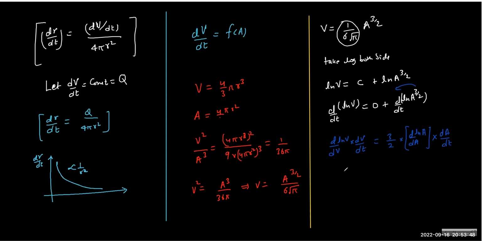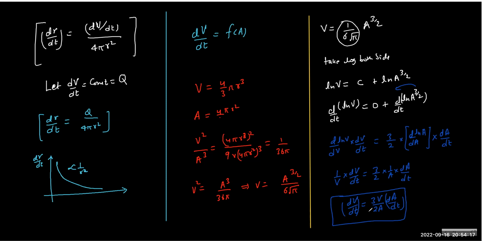And d by dv of ln v is 1 by v dv by dt, and similarly 1 by a da by dt. So what you get is that the dv by dt relation is 3v by 2a into da by dt. So as the area will change, v will also change, and this is the relation. And you can substitute the value whatever they ask in the question to get the answer.